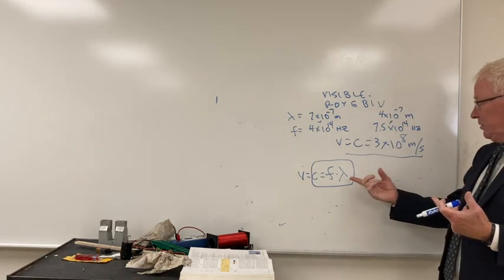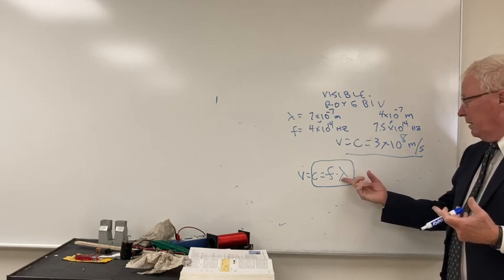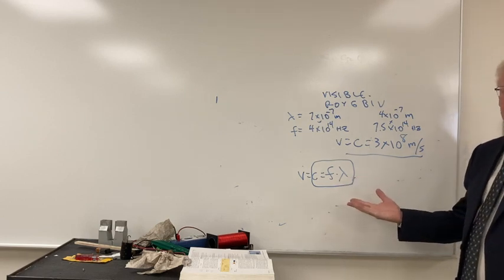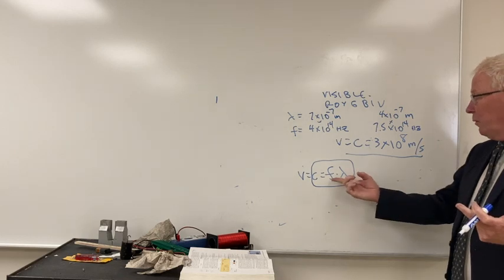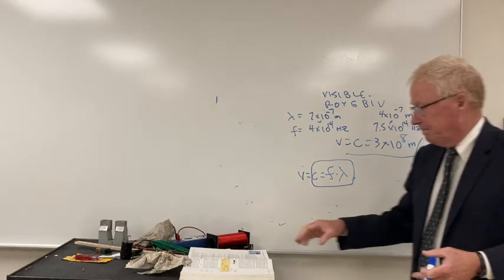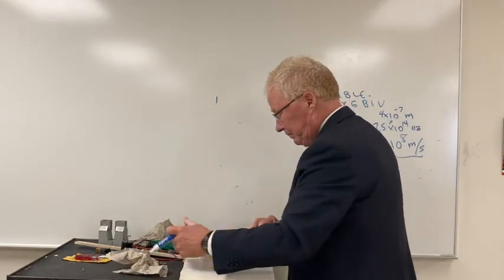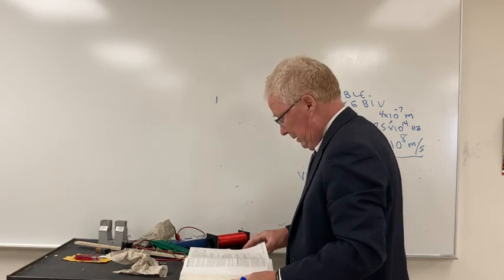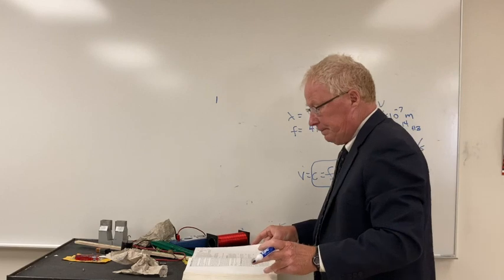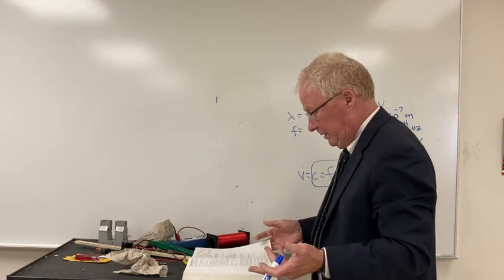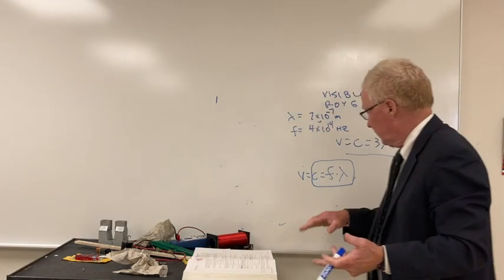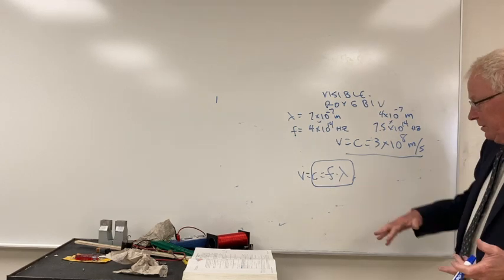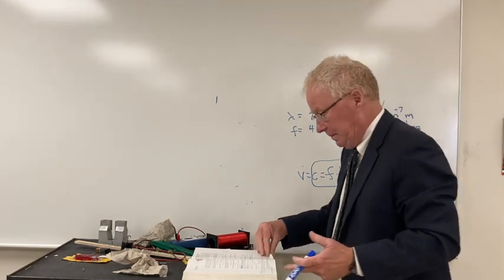If I'm given a certain wavelength, say microwaves, what would be the frequency of that? Again, there's not a whole lot in this chapter. One of the biggest expressions is this one here.